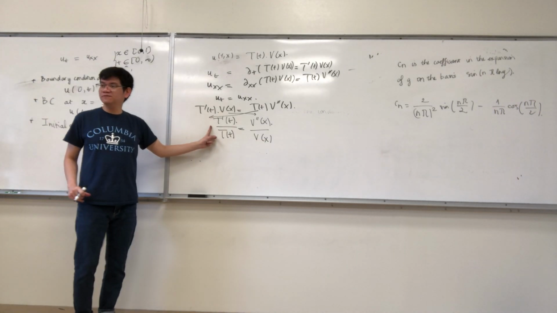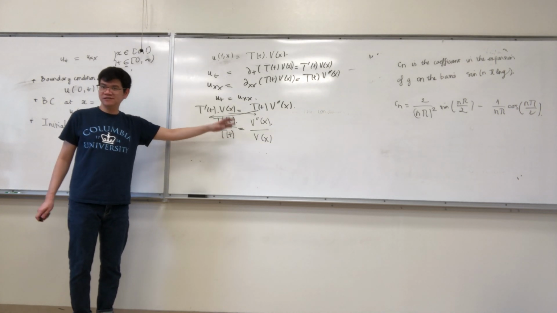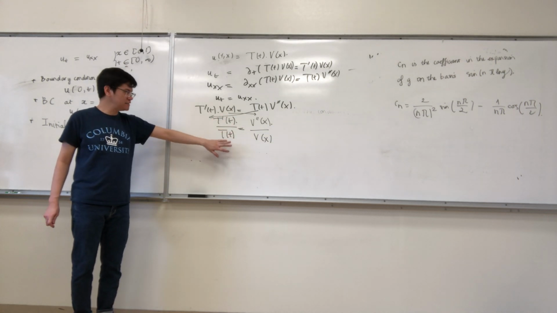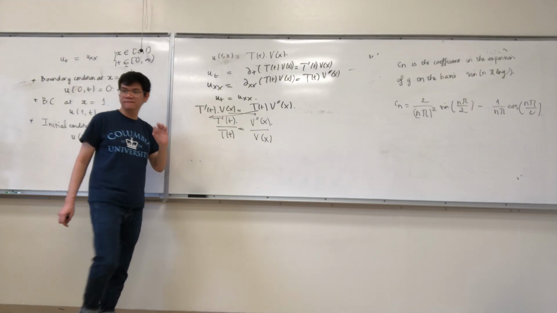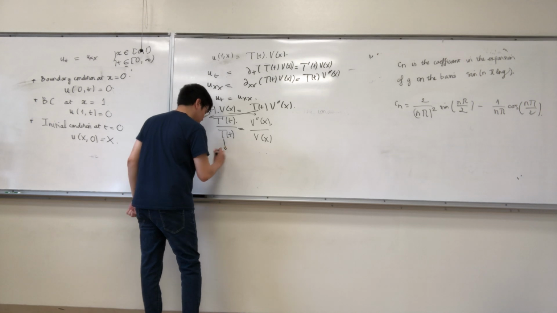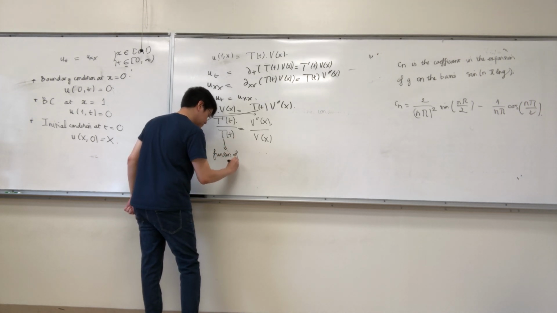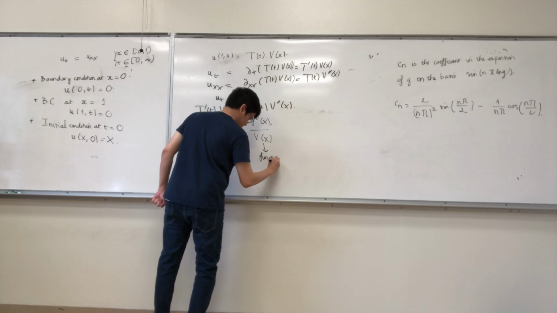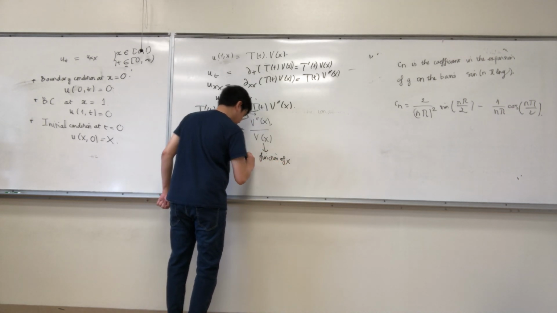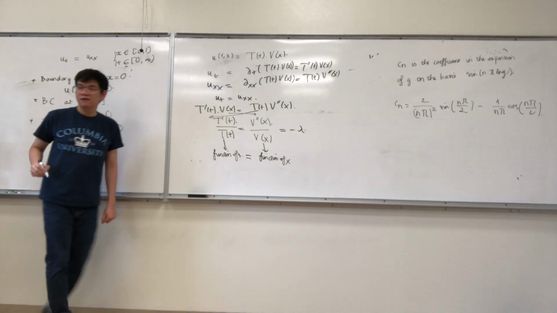So this is a function of t, and this is a function of x. A function of t is equal to a function of x. This means that they have to be constant, right? And they are equal, which means that here you have a constant.